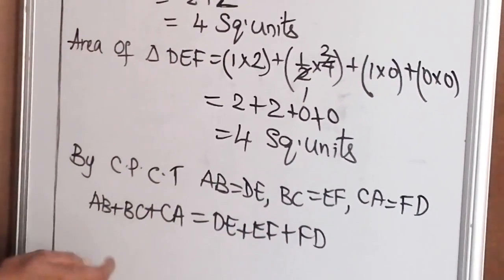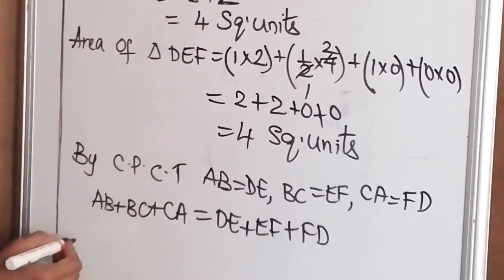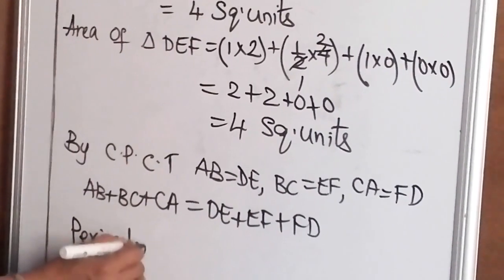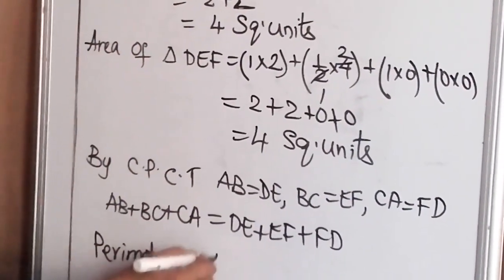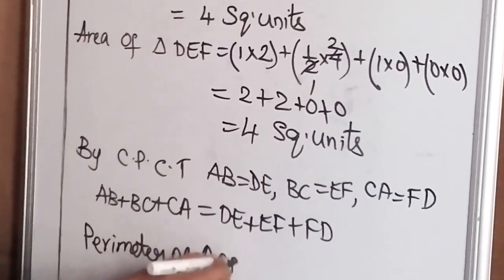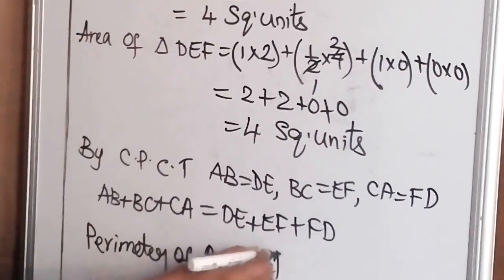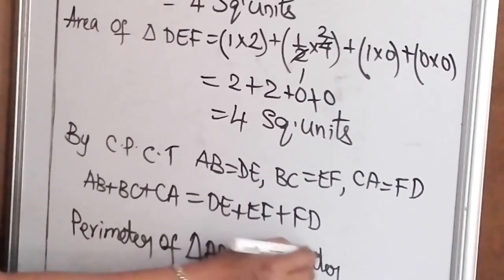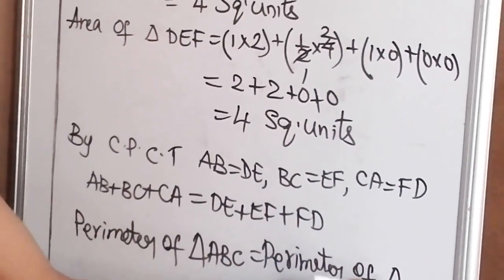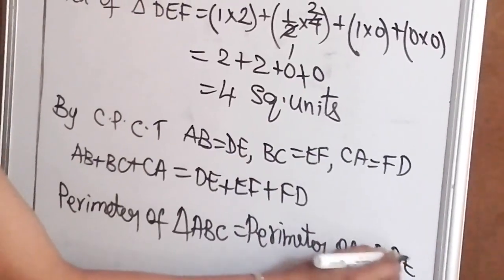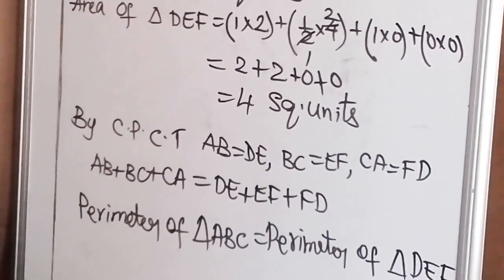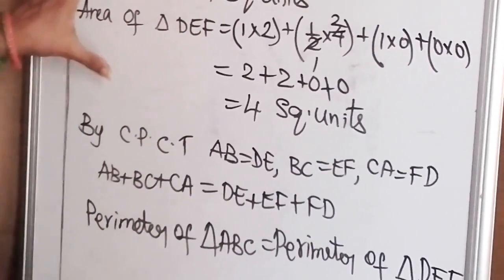This is nothing but the perimeter of triangle ABC. So perimeter of triangle ABC is equal to perimeter of triangle DEF. Understood this? Now we have finished the first part of our solution.